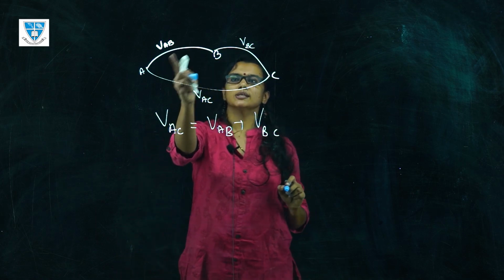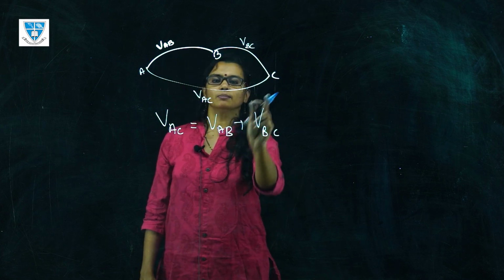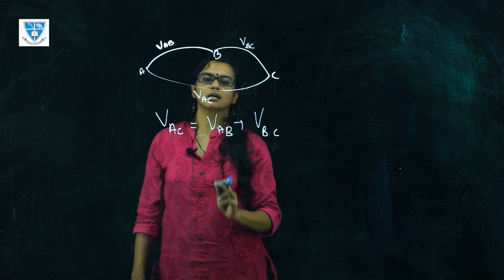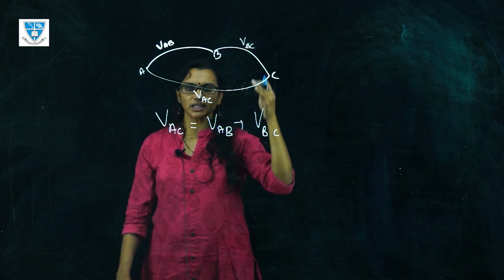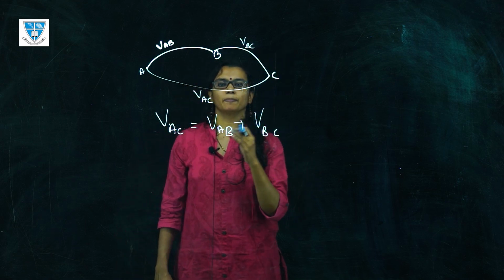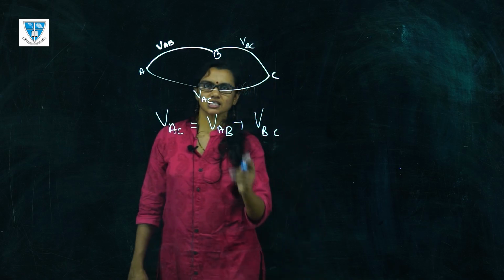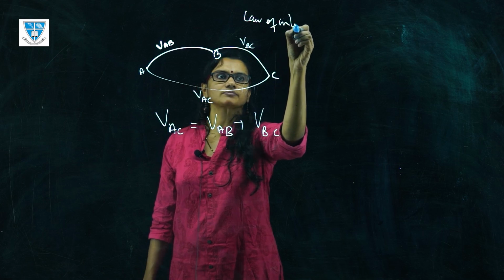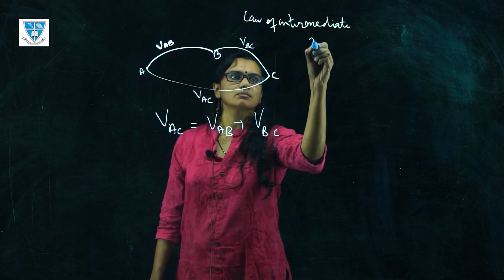So you can just add the EMFs developed in these thermocouples, and VAC will always be the sum of the thermo EMFs generated in the intermediate metals placed between any two metals. This is known as the law of intermediate metals.